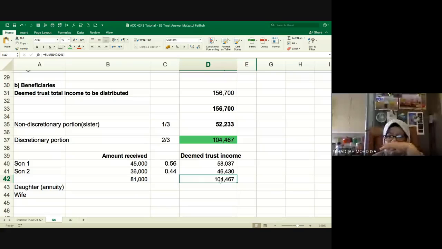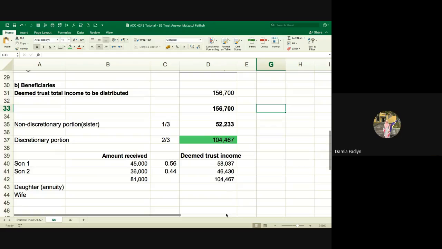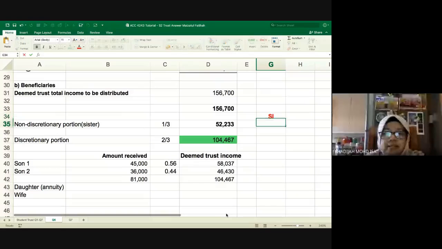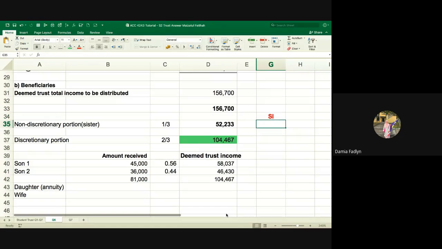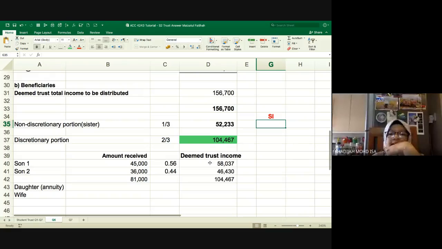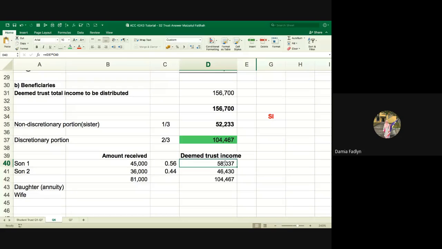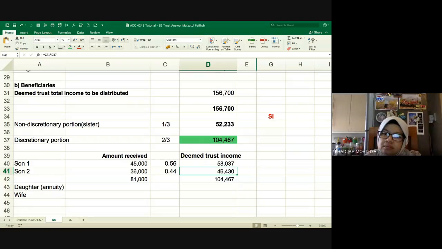104,467. But what is the statutory income of the beneficiary? Okay, if I were to... Why can't you get it? Okay, different. What can't you get? 0.56 times 104,467 equals 58,502. Different, you did it differently. Where did you get this 104?